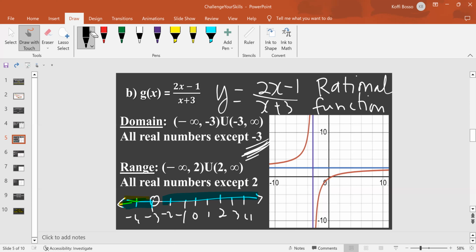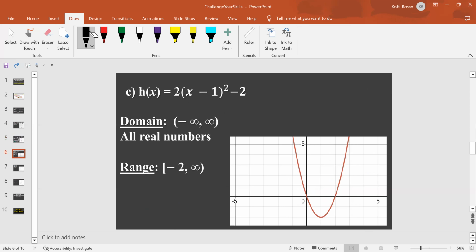Okay, so if we continue to the next function, we have here h of x equal to parentheses x minus 1 squared minus 2. Again, understand that this is y equals parentheses x minus 1 squared minus 2. And this is, again, a polynomial. So as a polynomial, the domain is all real numbers.